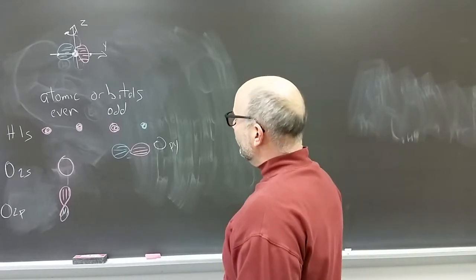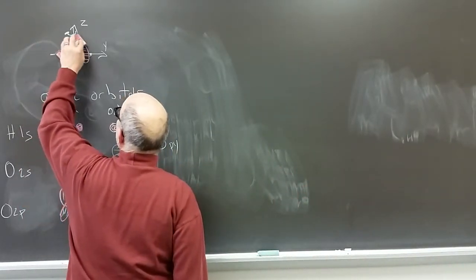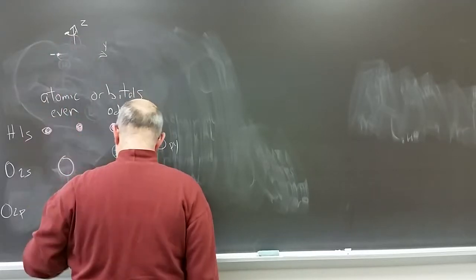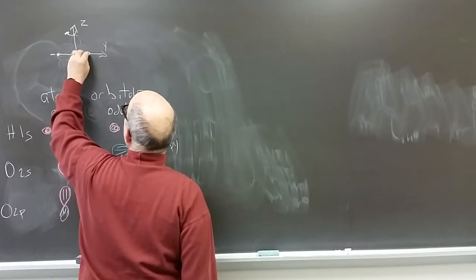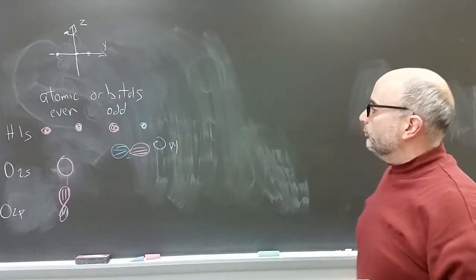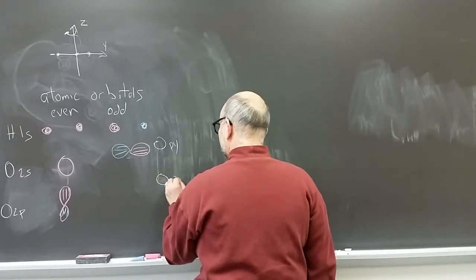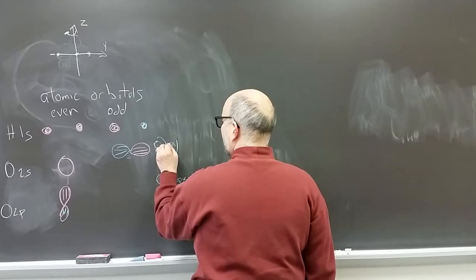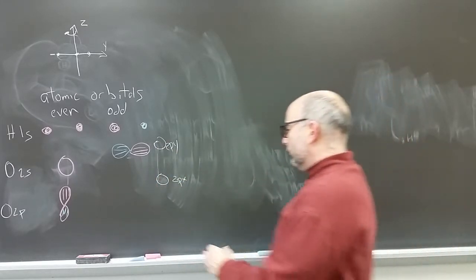And then lastly, the other one that's a little bit tougher to see is the last remaining oxygen 2p orbital. And that's the 2px. And that one's going to be coming in and out of the board.